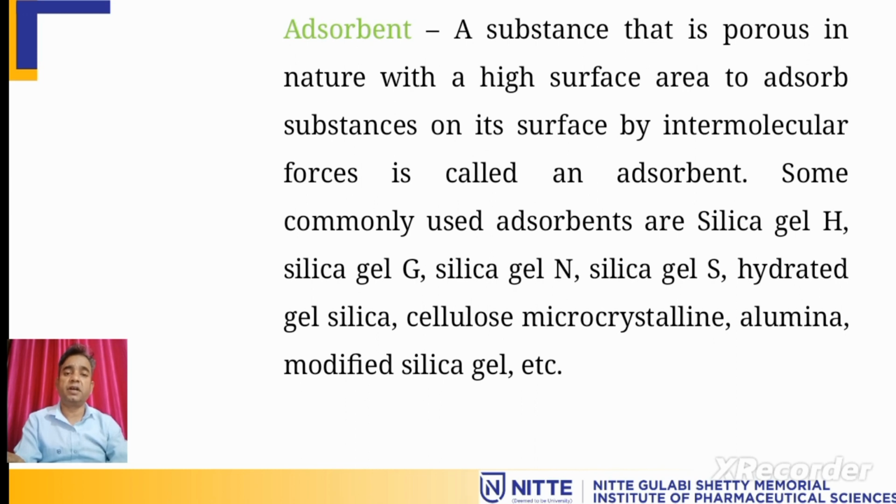They bind differently with the compounds present in the sample mixture. Sometimes the binding interaction is so strong that the compound doesn't elute out from the stationary phase. So looking at the nature of the compound, we choose or modify the existing stationary phase as an adsorbent for a particular compound to get separation.